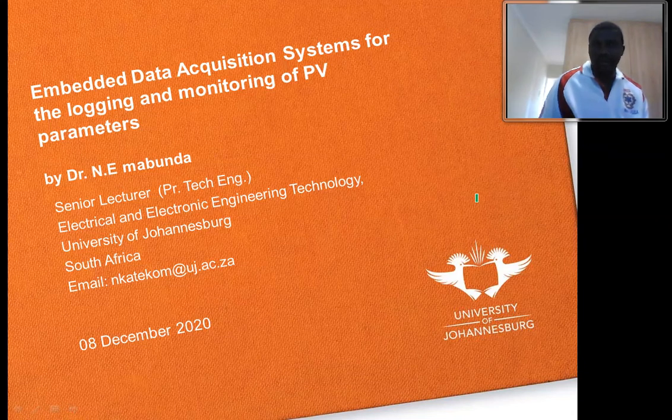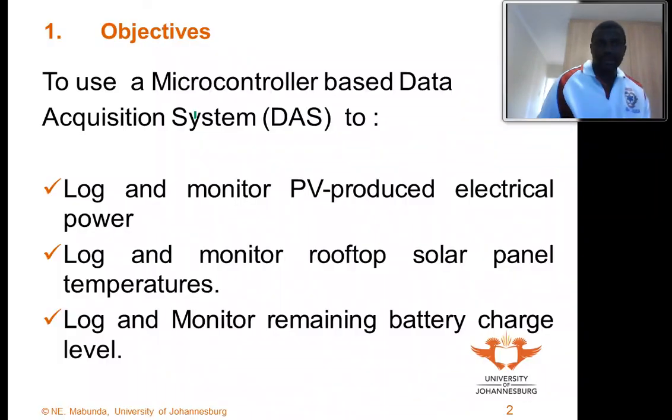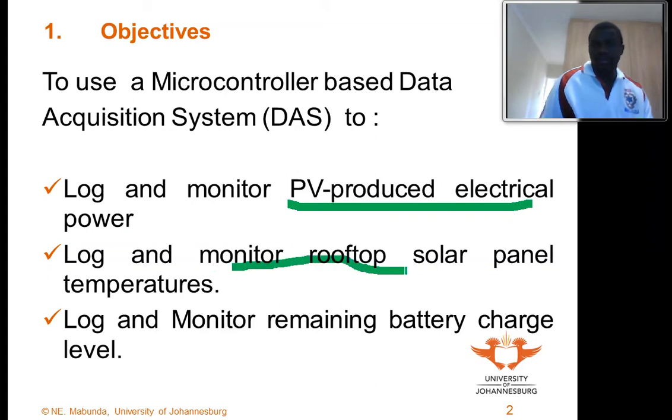One of our researches at Klubukani, which is the embedded data acquisition system for logging and monitoring of PV parameters. The objective here is to use a microcontroller to monitor and log PV produced electrical power, monitor and log rooftop temperatures, as well as to monitor the batteries.